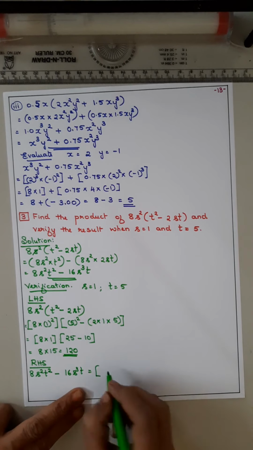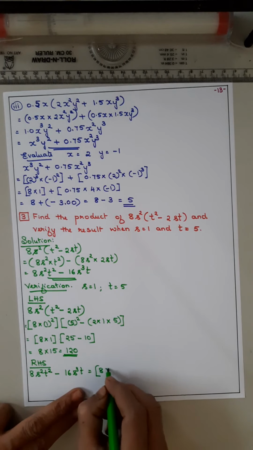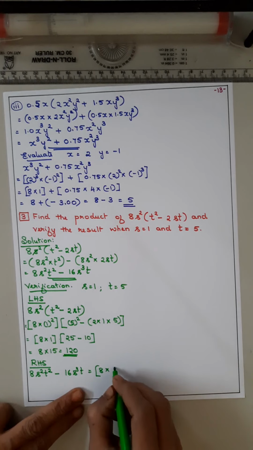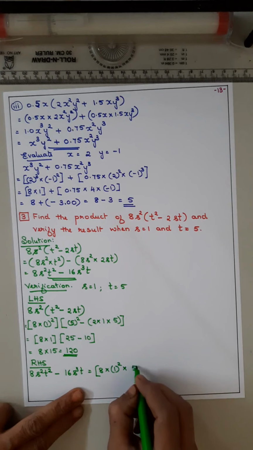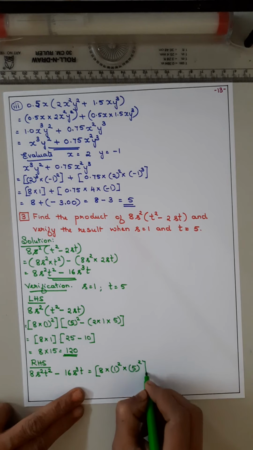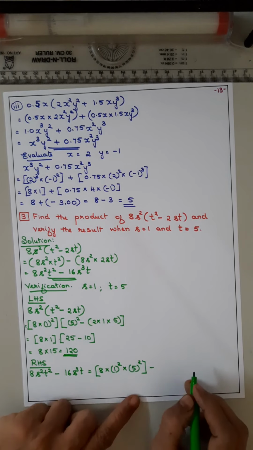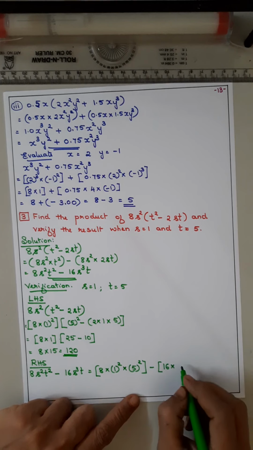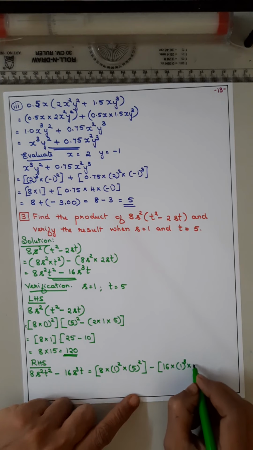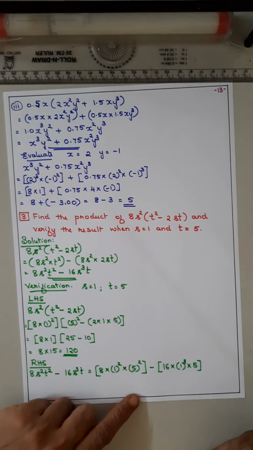So put the bracket 8 into s is 1 square into t is 5 square, bracket close, minus bracket open 16 into s cube, that is 1 cube into t is 5.